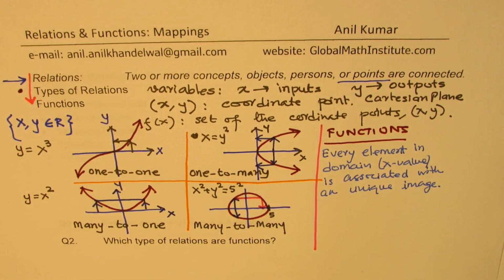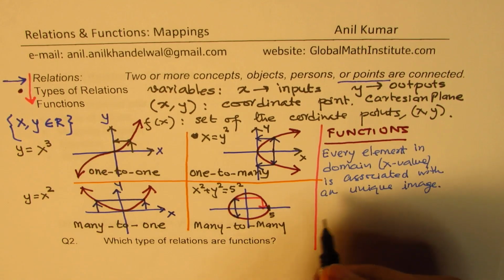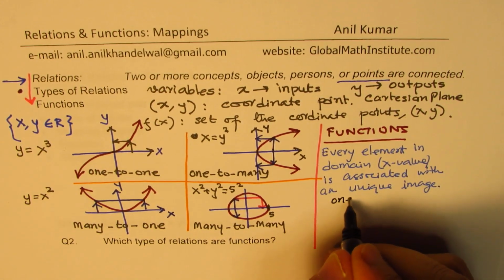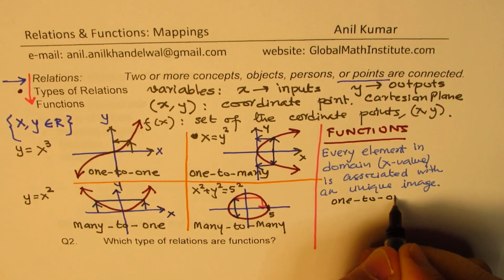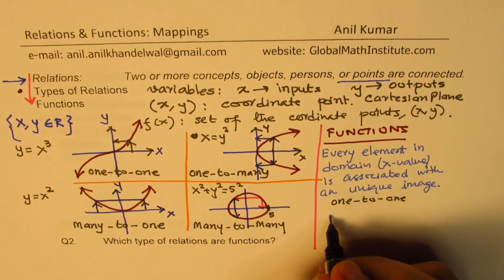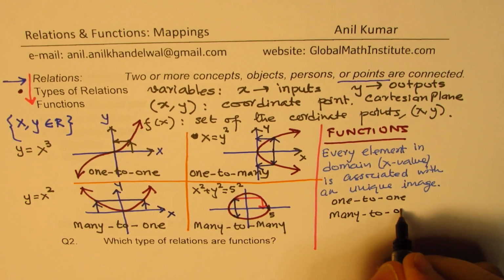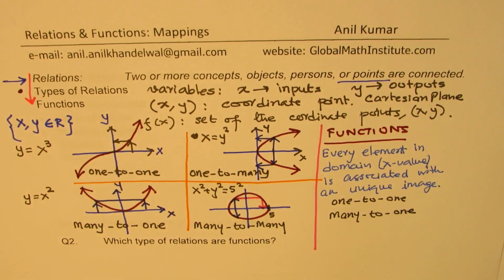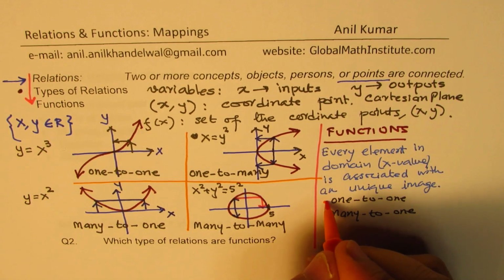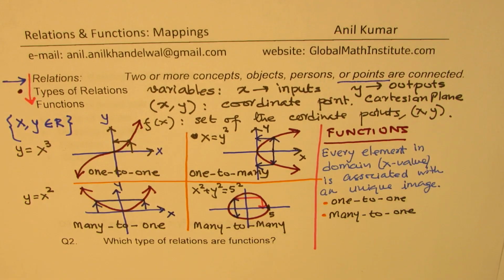Now that happens in 2 types of relations. One is one-to-one and the other one is many-to-one. So these are the 2 relations which are also functions.